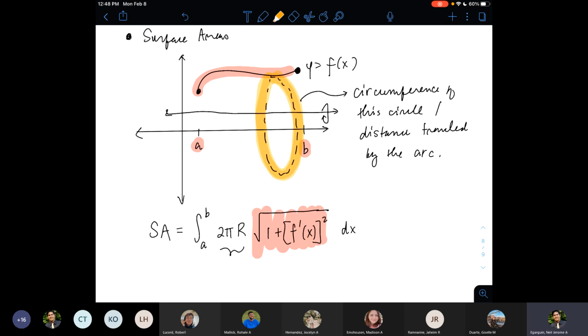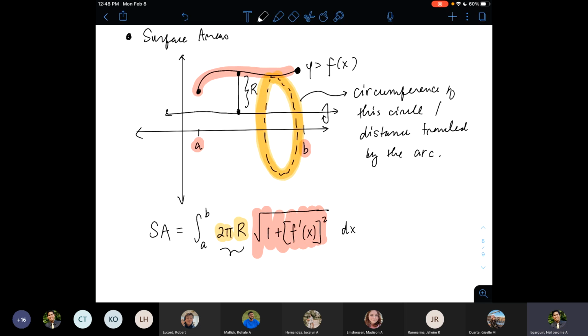So 2 pi is a constant. That's fine. Put that into your formula right away. The only challenge here is finding r. And I guess that is Robert's question. What is the r? Well, r is the distance between the function and the axis of revolution. So r is pretty much this distance.